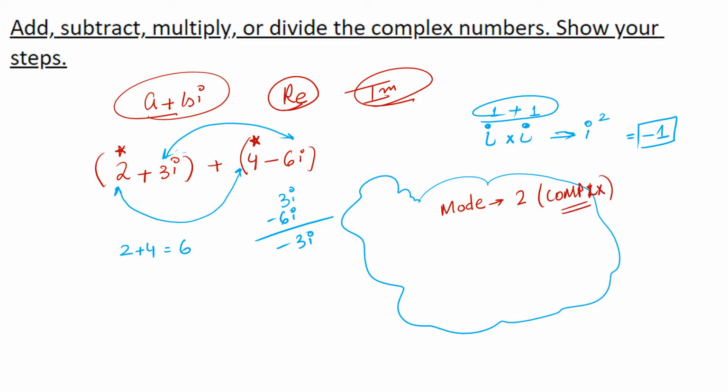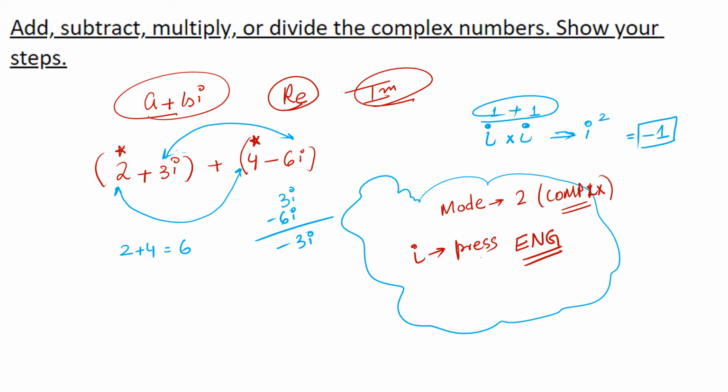So mode 2. When you go on mode 2, it will stay on mode 2. Now on the screen, in order to write the i, you have to press ENG only. So if you want to write any complex number and you want to write the i, you have to press ENG.